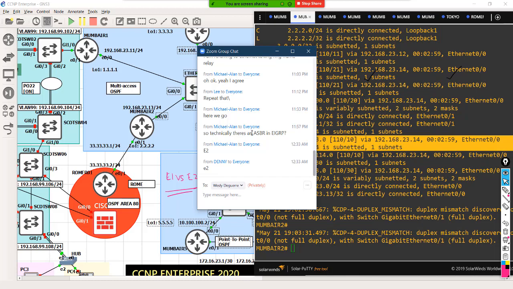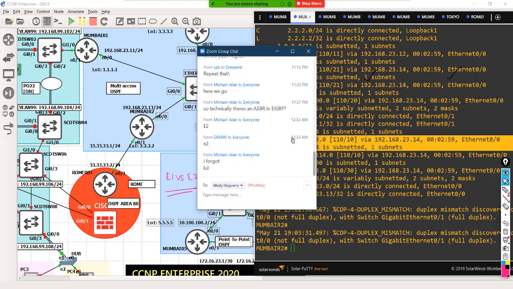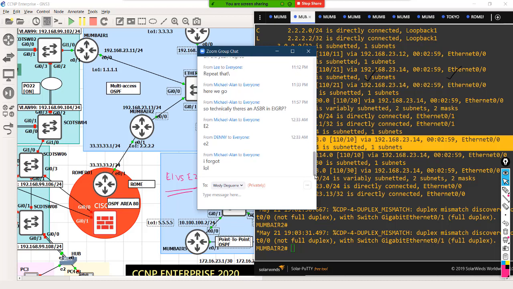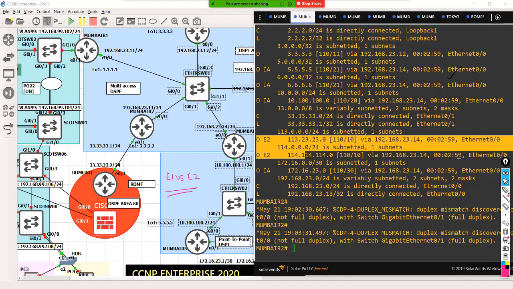May I know the reason? On what factor? Not an issue, not an issue. I was just asking, maybe if you know. Okay, well, the answer is not E2, it's E1.